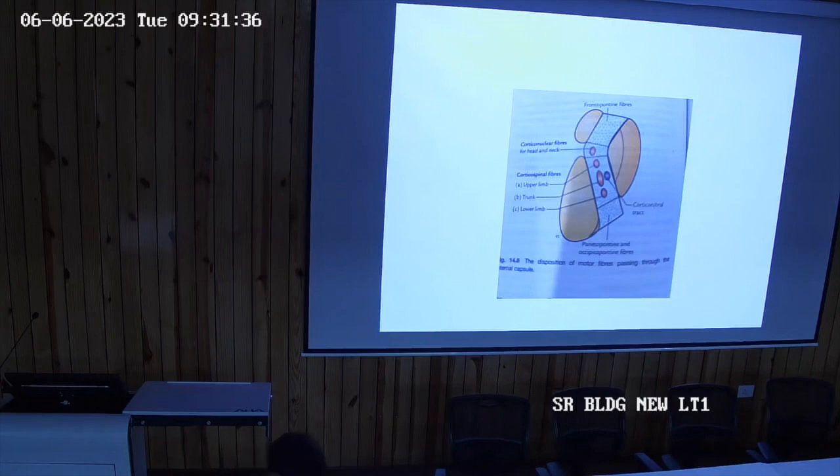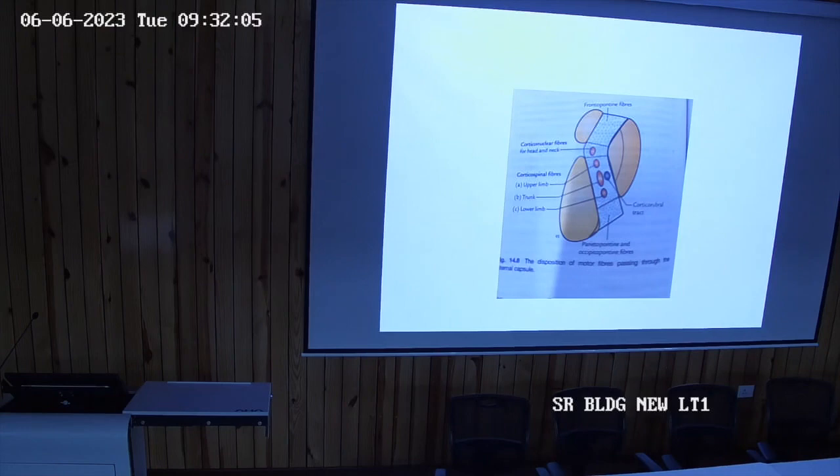All these radiations reach the cerebral cortex, carrying information from different nuclei of the thalamus to different parts of the cerebral cortex. So these are the different sensory fibers leading from the thalamus to the cerebral cortex.